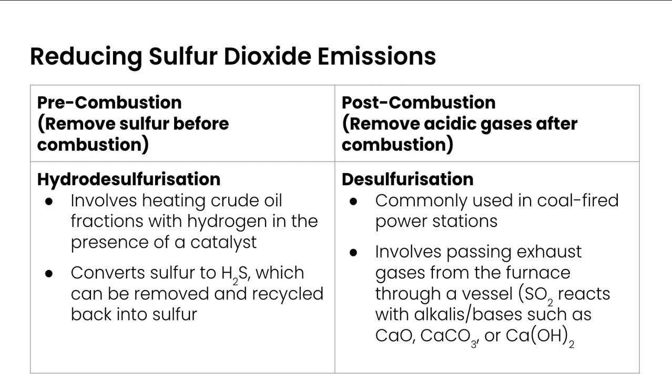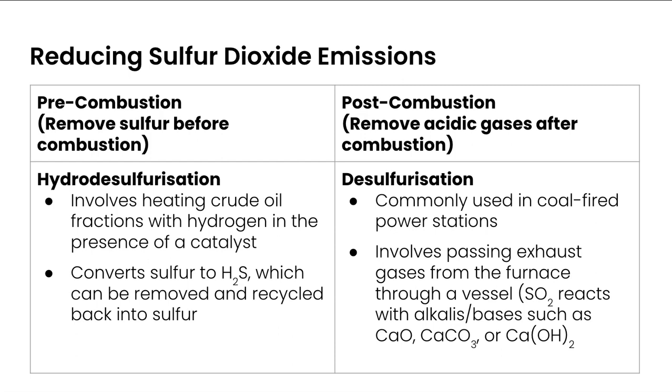And if we look at post-combustion, this is desulfurization, commonly used in coal-fired power plants. What they do is they take the exhaust gases from the furnace, so that would contain sulfur dioxide, and they put it through a vessel that contains alkalis or bases.